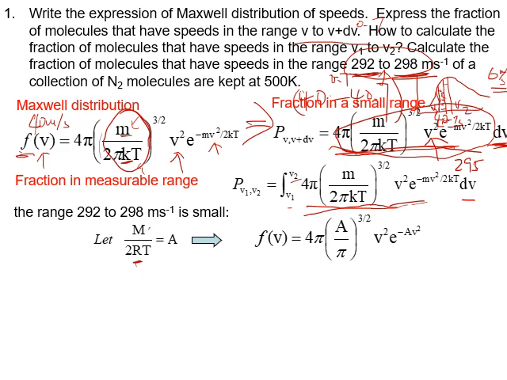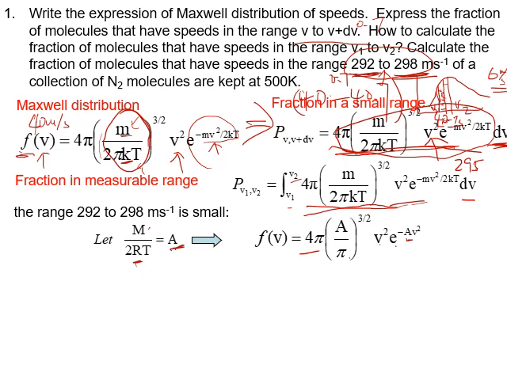So this can be written as M divided by 2RT. Let this be a, then the Maxwell distribution becomes the square root of a over pi times 4 pi v squared e to the negative a v squared. So this can also be simplified. You don't need to do this step.